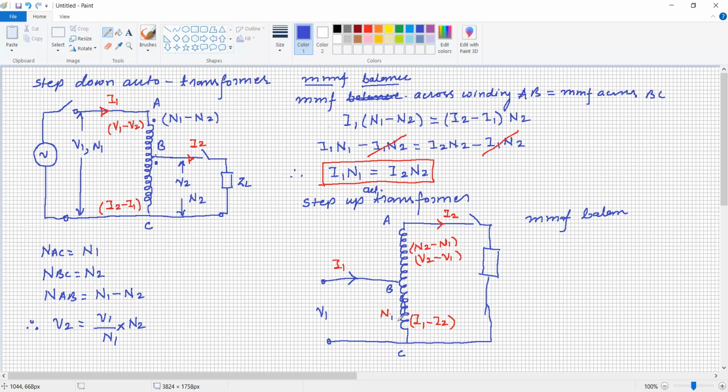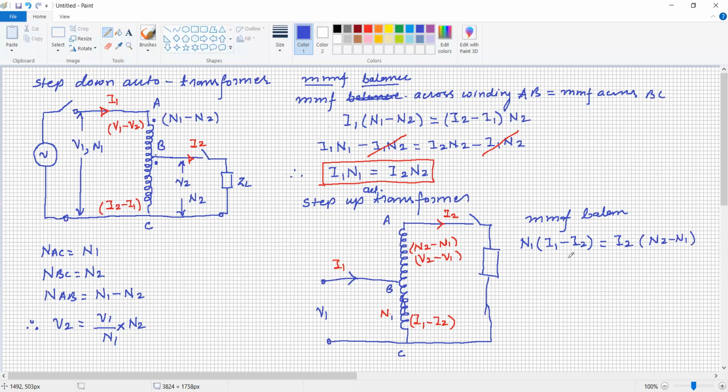Therefore, under such condition, N1 into bracket I1 minus I2, for A to B, is equal to the current I2 on the secondary side, the HV side, times N2 minus N1.